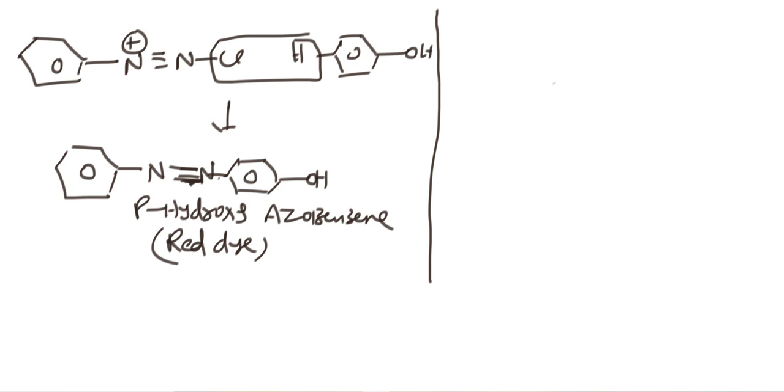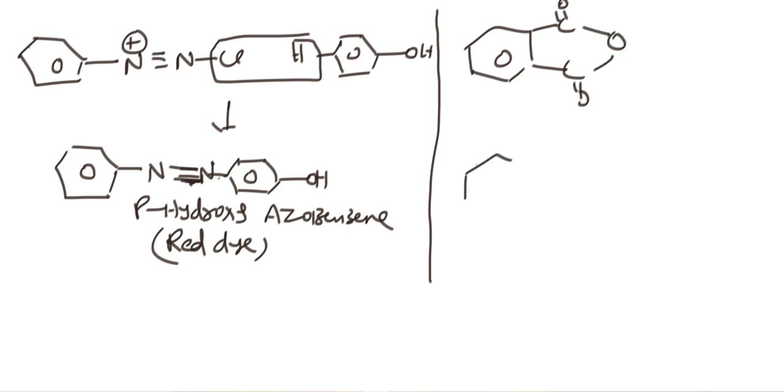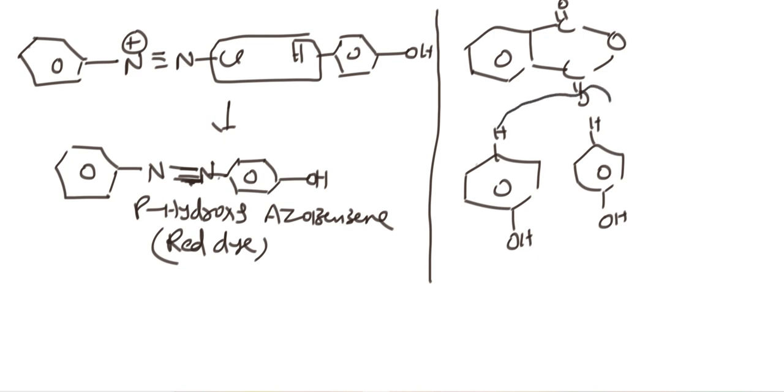Next, another important thing, this is phthalic anhydride. This is called phthalic anhydride, and this reacts with phenol. Okay, so hydrogen, and what is the part eliminated? Water is eliminated.